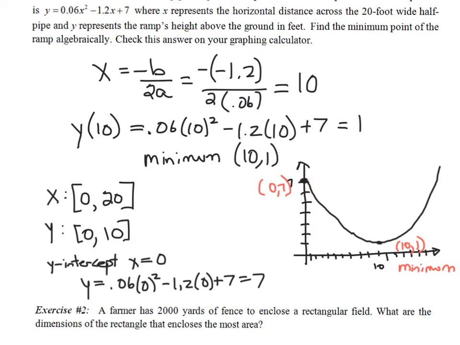So I substituted x equals 0 in for my x value, and I found out that the y-intercept turned out to be 0, 7. So I labeled that as well on my graph in my notes. So we see that this is what our ramp would look like. And again, the important part was that we found the minimum point on our graphing calculator as well as algebraically.